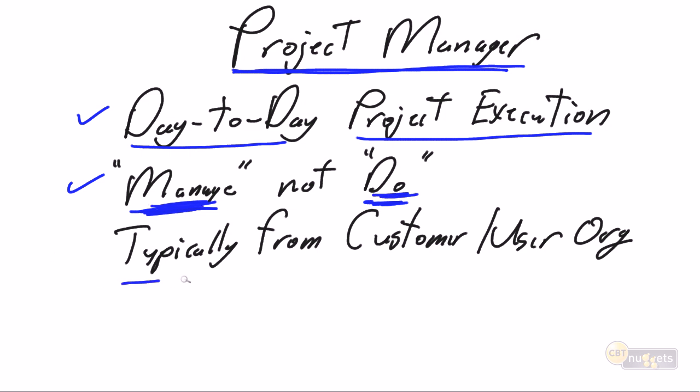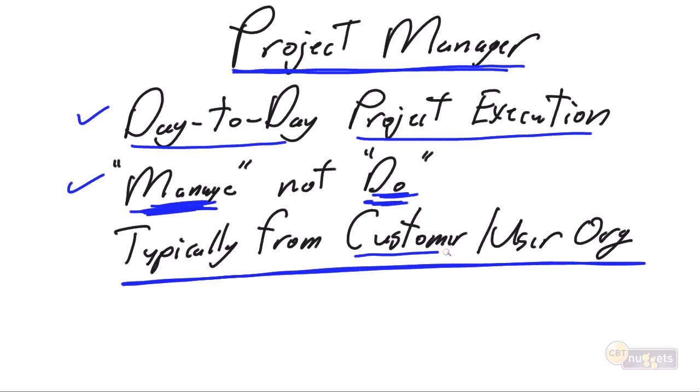Now, my last statement that I've made here comes directly from Prince2 process definition. Prince2 says that the project manager typically comes from the customer user organization. So in terms of getting the right answers on your Prince2 exam, recognize that Prince2 defines that the project manager comes from the customer user organization.